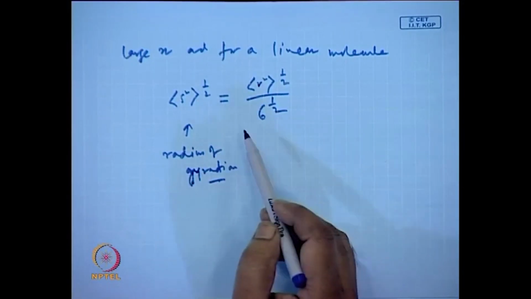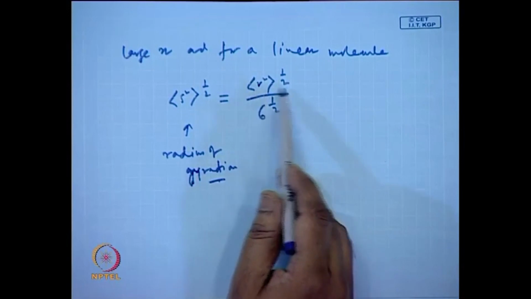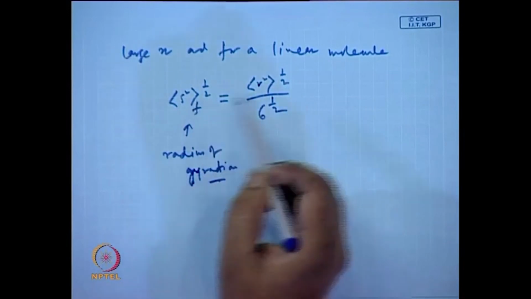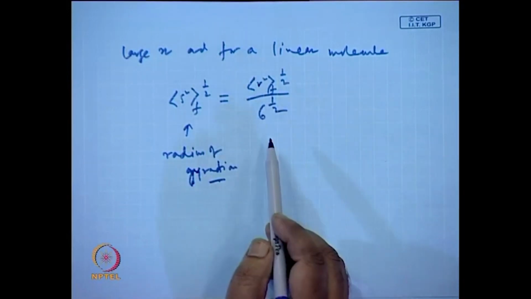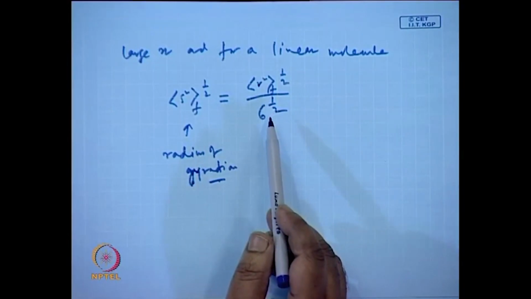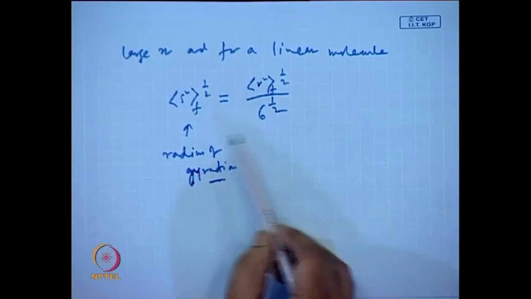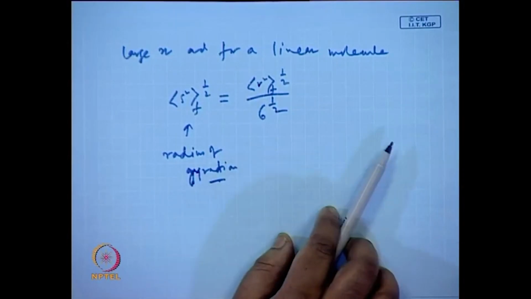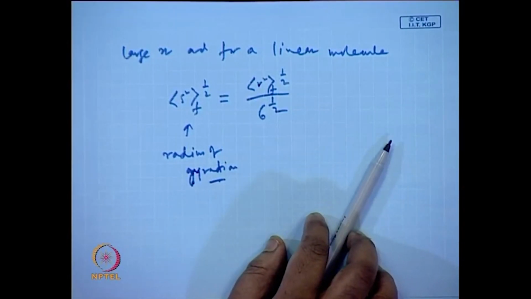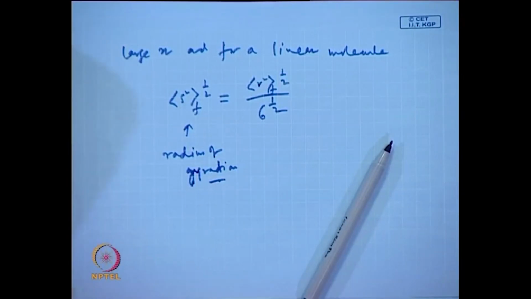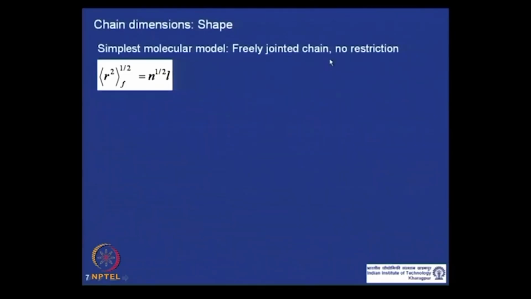So, these relations can be shown that, if you put f here, for a freely rotating chain we can get this expression. So, we are writing for a simple molecular model which is a freely jointed chain with no restriction.